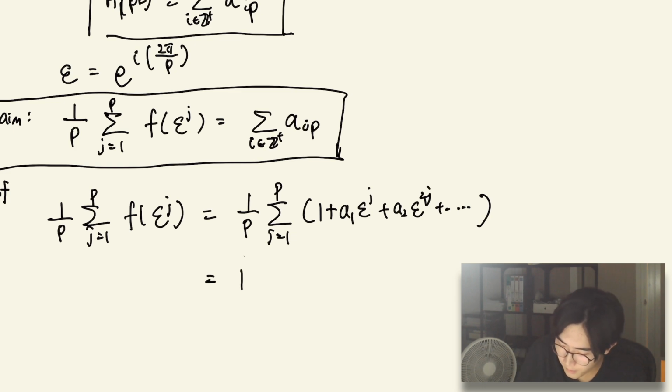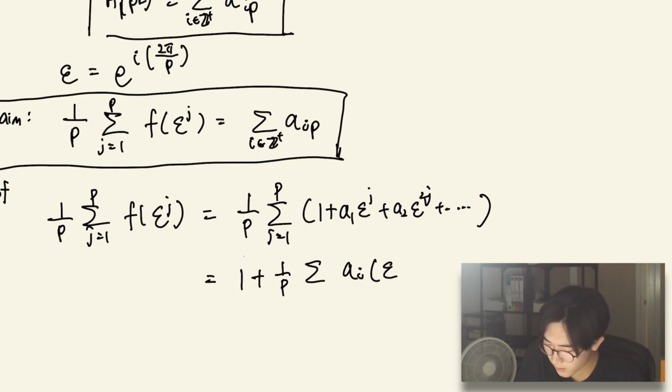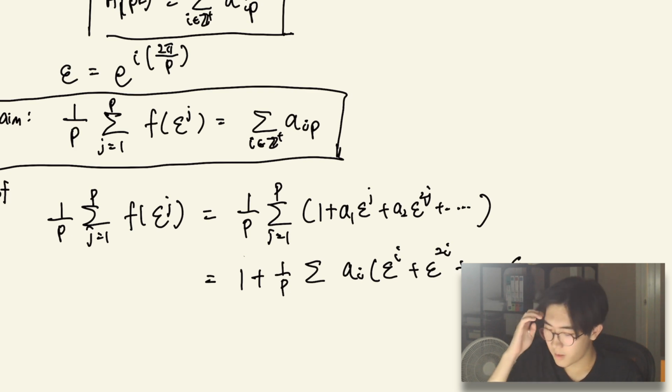So it'll be 1 plus 1 over p summation of a_i times sigma to the power of i plus sigma to the power of 2i until sigma to the value of pi.